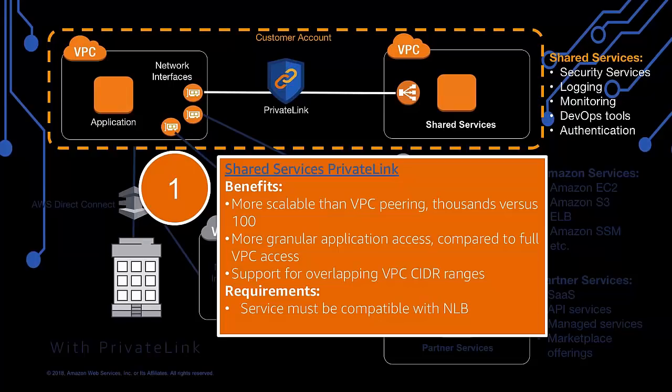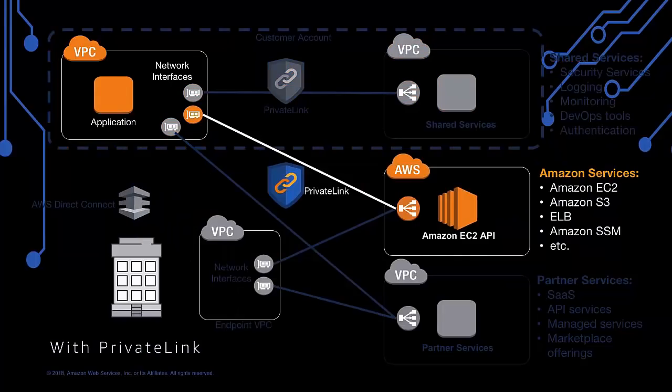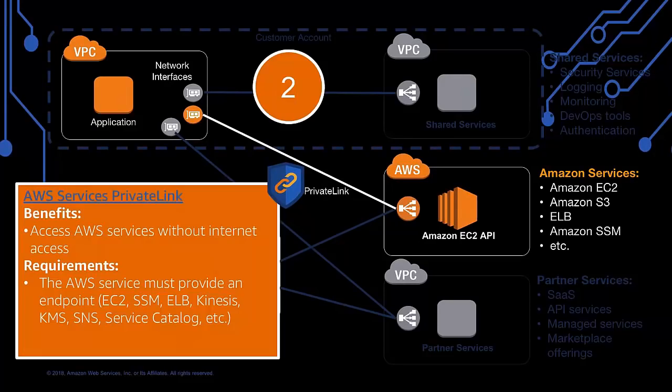So why would you want to access our APIs over PrivateLink as opposed to going over the internet? Well, some people just don't like internet access. I work with a lot of customers that, once some part of the VPC can access the internet, have concerns about data exfiltration, viruses and malware, botnets and all sorts of other things.